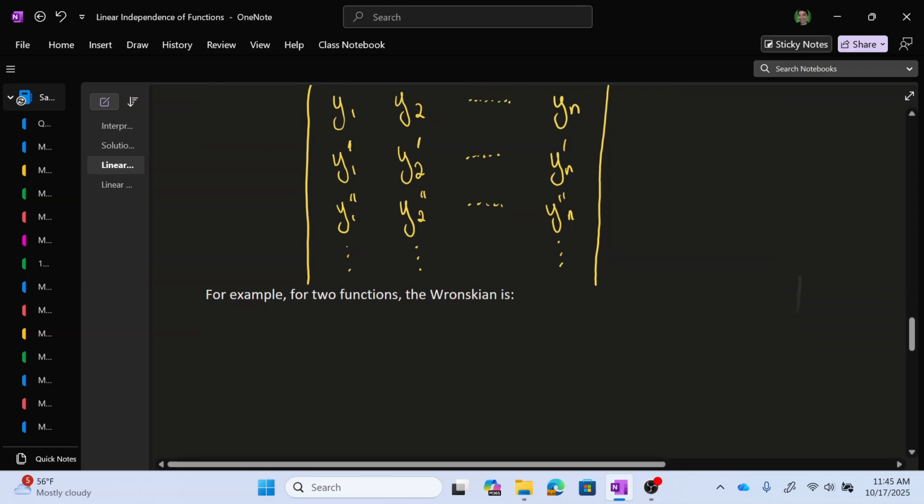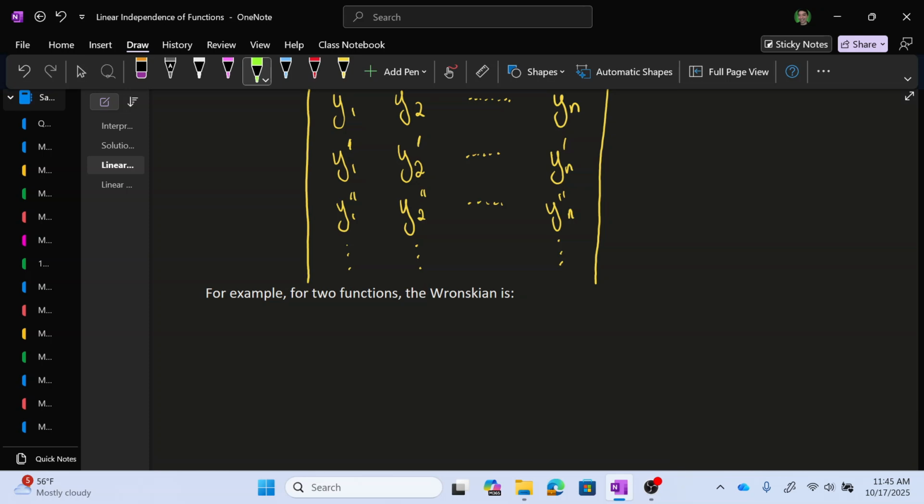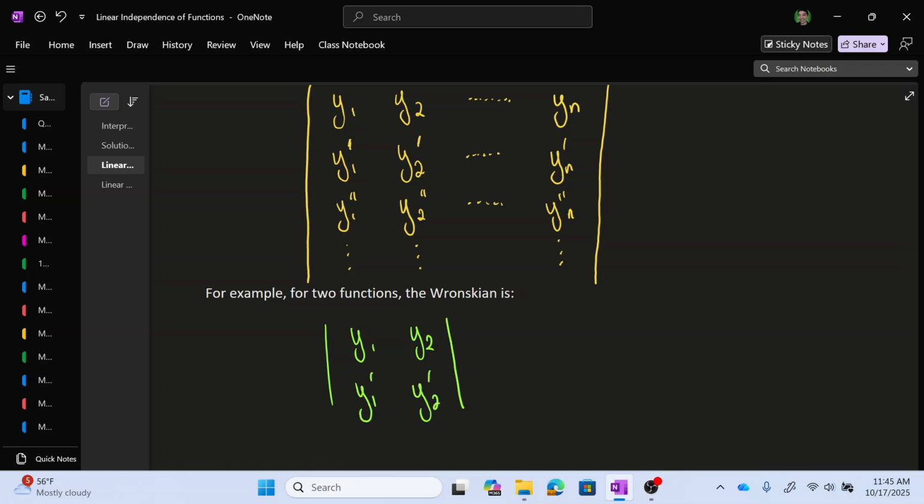So to give you an example, if you just have two functions in your collection, the Wronskian would be the 2 by 2 matrix determinant that had the original functions in there and their derivatives in there.